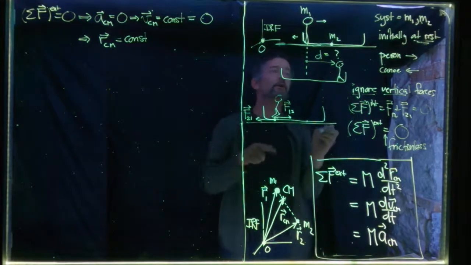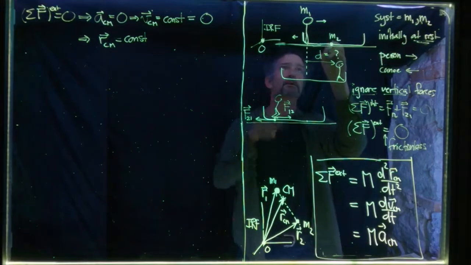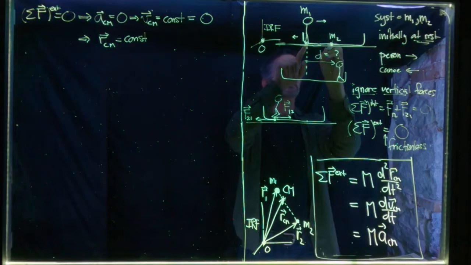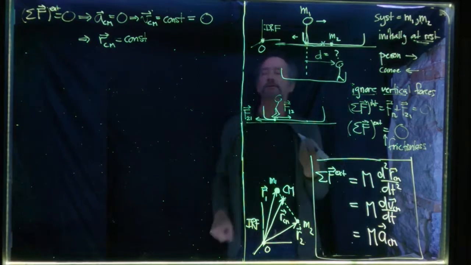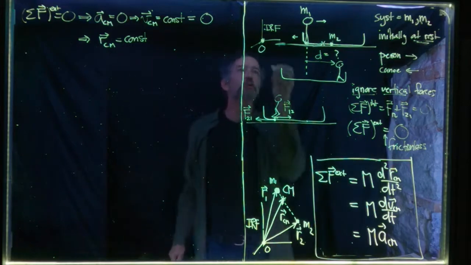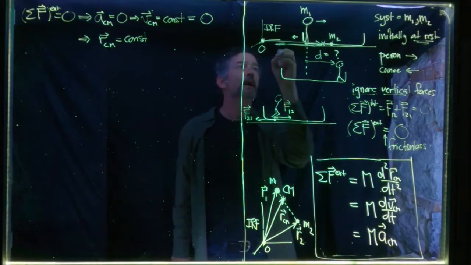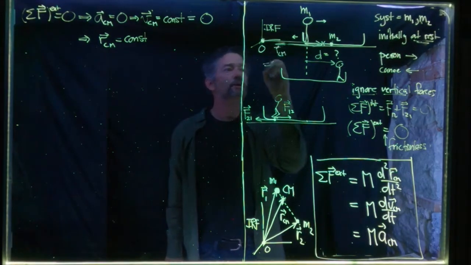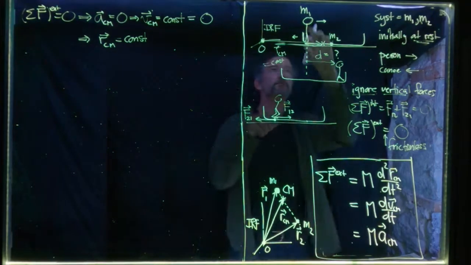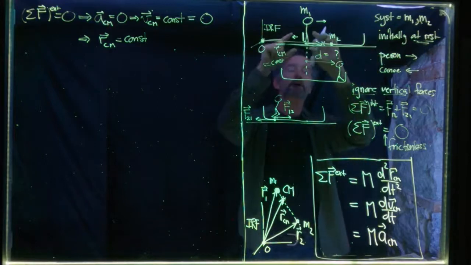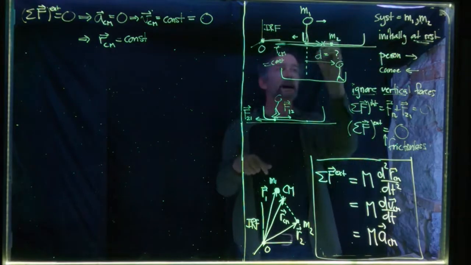Effectively we have an object of mass m2 sitting here and an object of mass m1 sitting over here, so the center of mass of our system of two particles lies along the line between here and here, and maybe the canoe is a bit more massive, so maybe it sits here. What this is saying is that the vector which points from our chosen coordinate origin to the center of mass point, that vector RCM, is constant. Which means that as the person moves to the right and the canoe moves to the left, it doesn't matter. The center of mass of that person-canoe system always remains at exactly the same point.